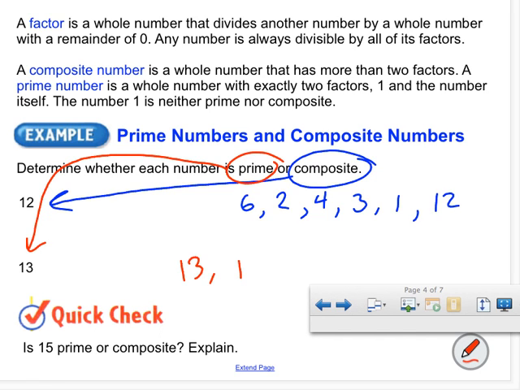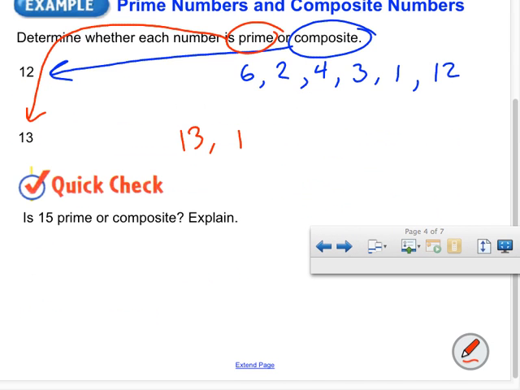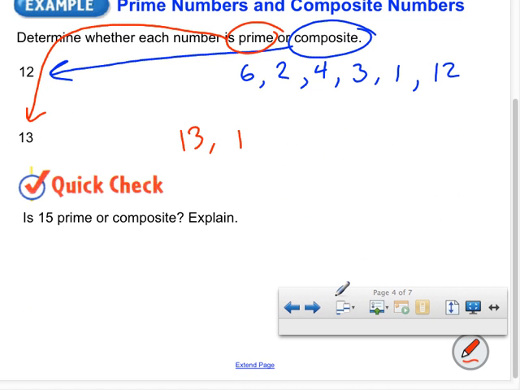Okay. Now, can you guys take a look at this number right here? First of all, can I get somebody to tell me what are the factors? Give me the factors for this number. Joshua? Factors of 15. Give me one. 3. Yep. Does somebody have another factor? Nicholas.